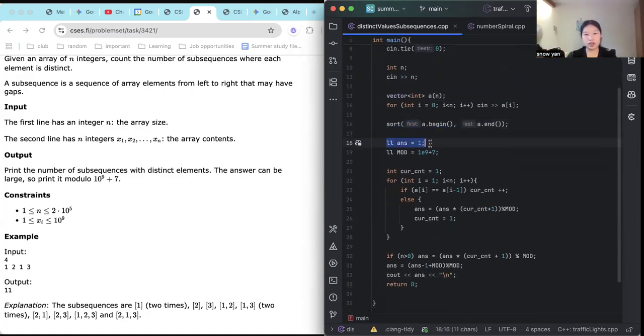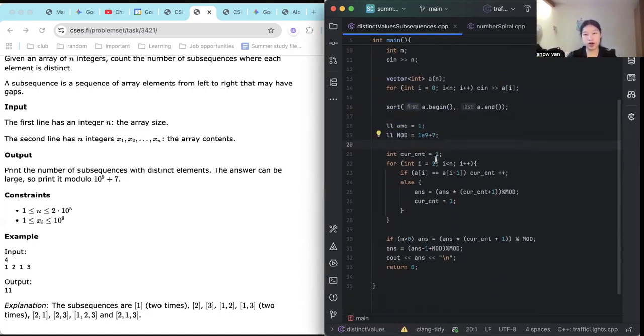Then I have my answer that I'm keeping track of, my modulo so that I can mod it every time, and I keep the current count. I go from left to right and compare: is my current element the same as the one before? If so, I increment my counter. Otherwise, I update my answer to be the answer times the count plus one, modulo it so I don't exceed that, and reset my counter back to one.